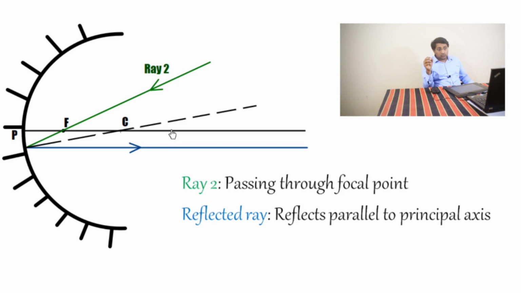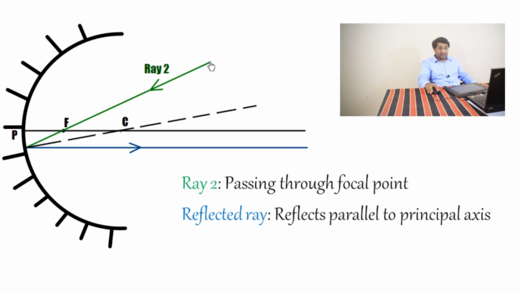Now we have moved to representative ray 2, and focus only on the green and the blue lines. The green line is the incident ray and the blue line is the reflected ray. So what's happening, please observe. It's actually the reverse of ray 1. Ray 1 we had a ray parallel to the principal axis and it passed through the focal point.